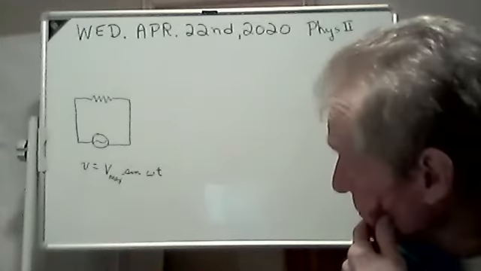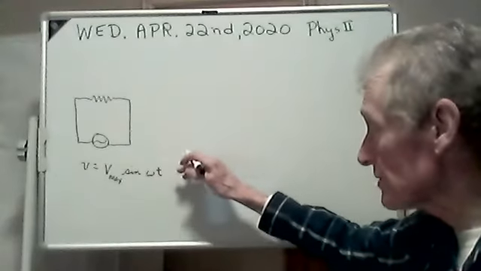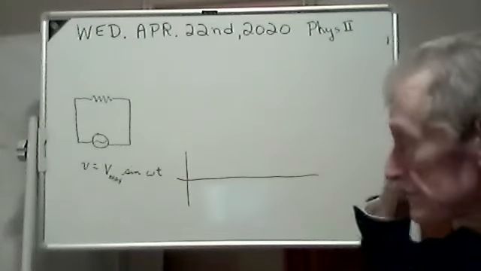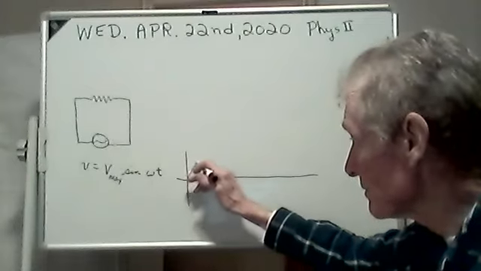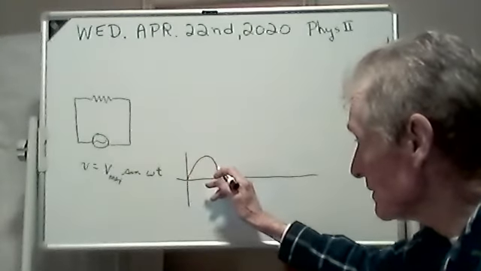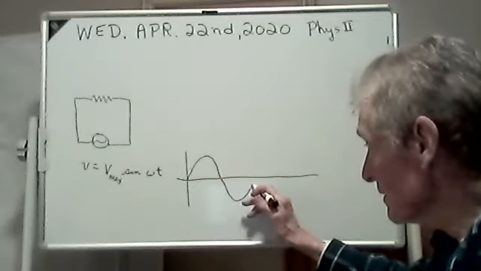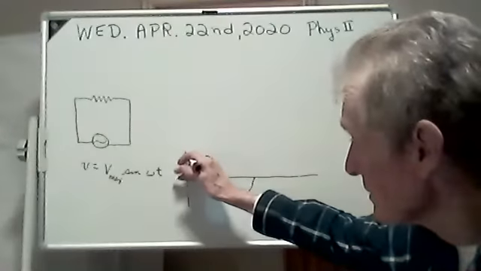It produces sinusoidal electricity that looks like this. It goes up to a maximum value, and then it comes down, and it's a sinusoid. You guys have all studied sinusoids.